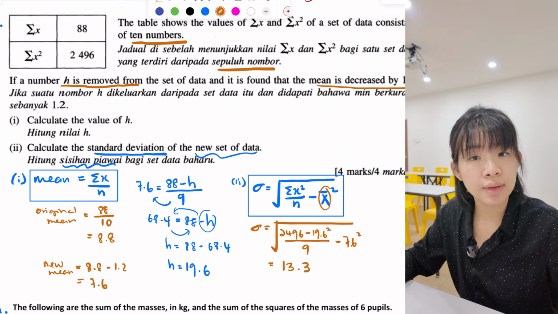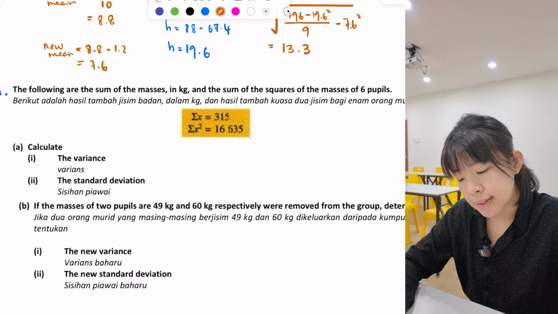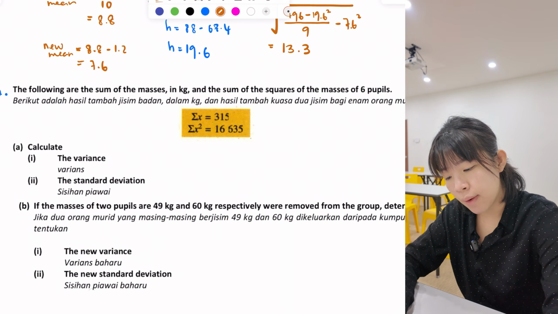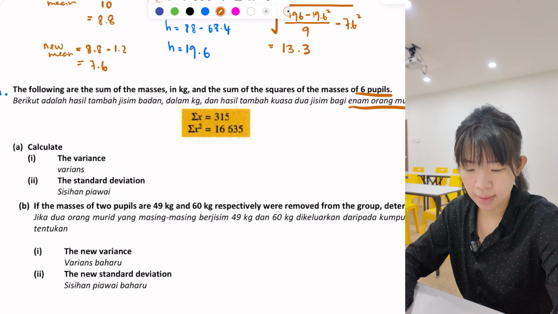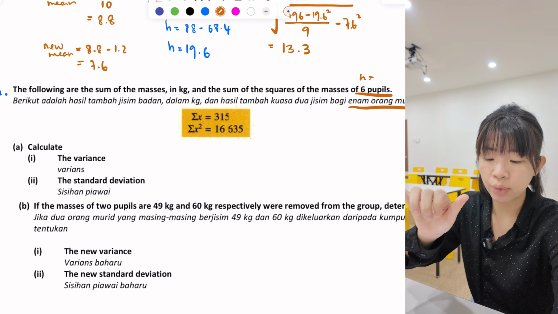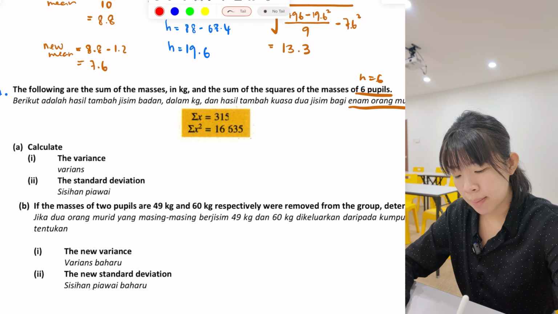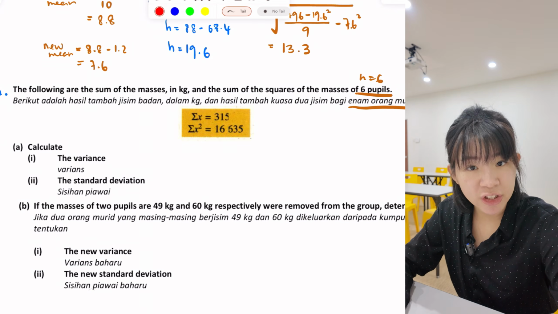Okay, so done. Let's look at question number 2. The following are the sum of masses in kg and the sum of squares of the masses of 6 pupils (6 murid). So we have n equals 6. Now, what is sum of x and sum of x squared? Make sure you can differentiate these two things.